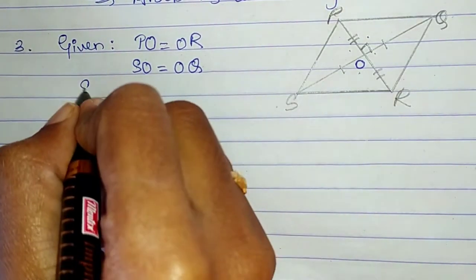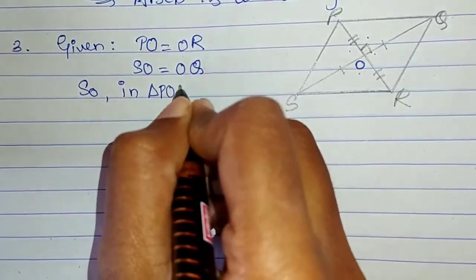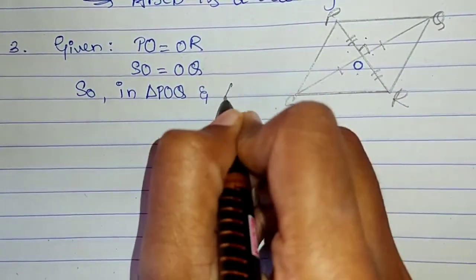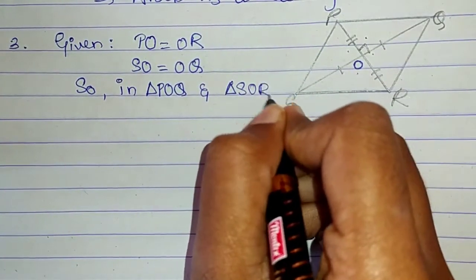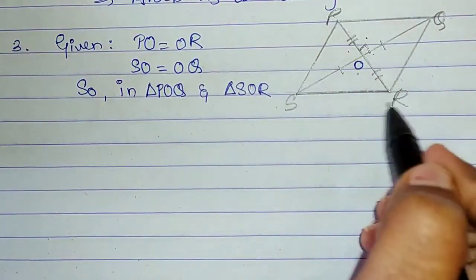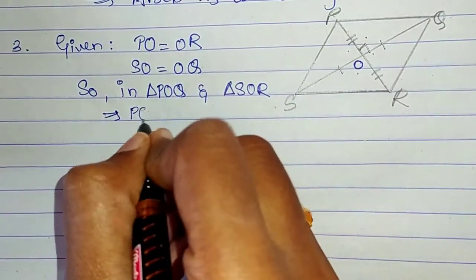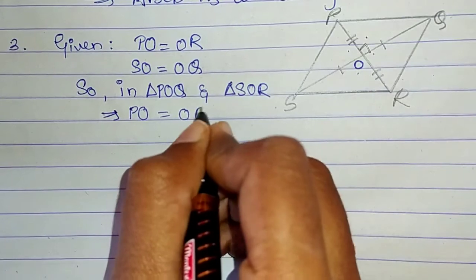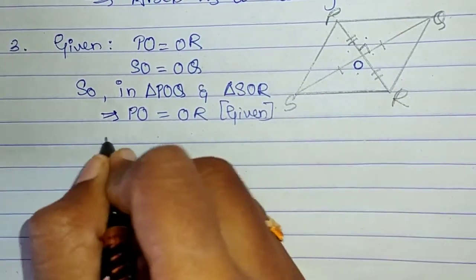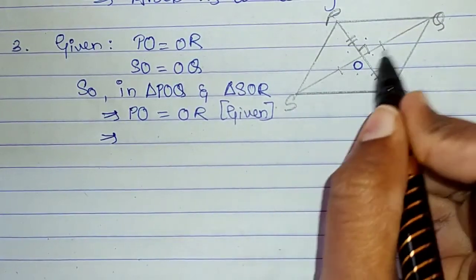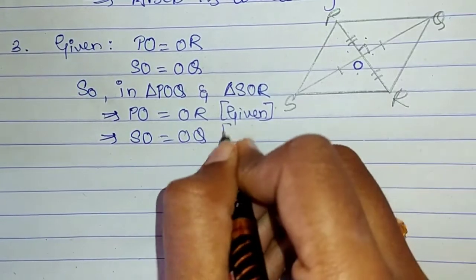So in triangle POQ and triangle SOR, we have PO is equal to OR, given. Similarly, SO is equal to OQ. That's also given.